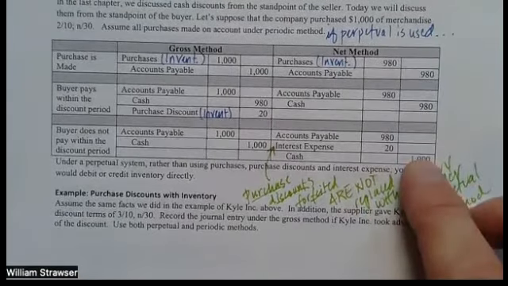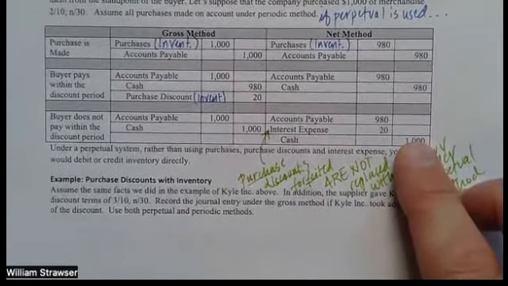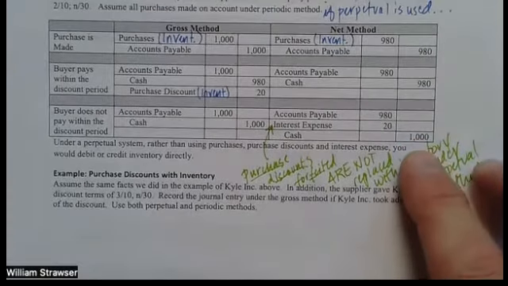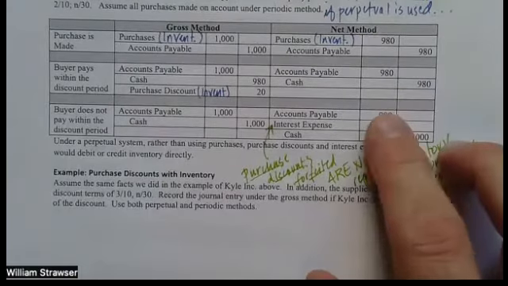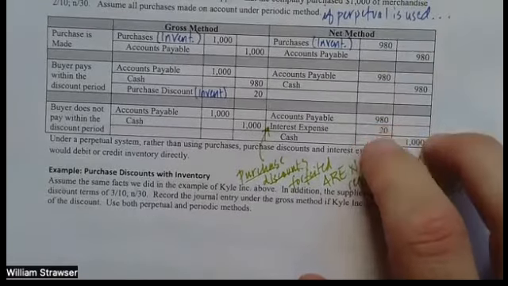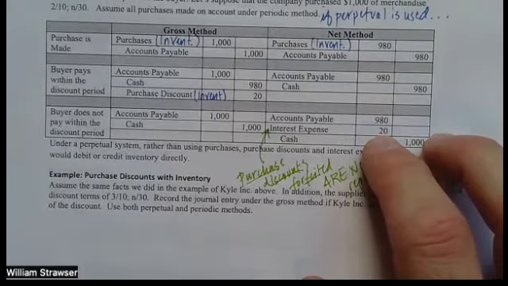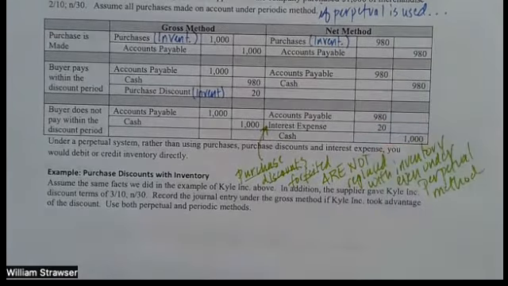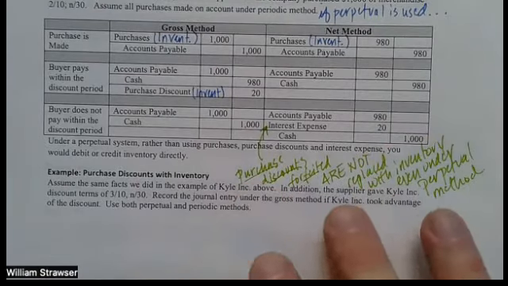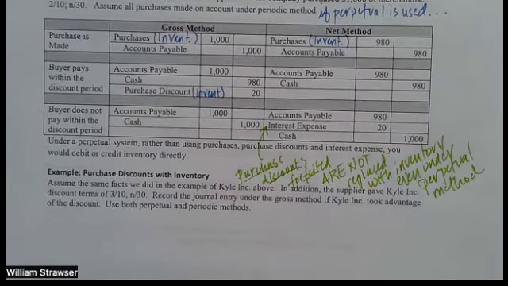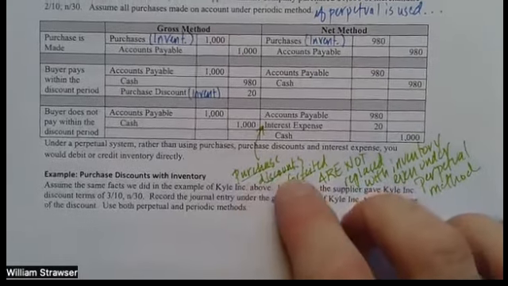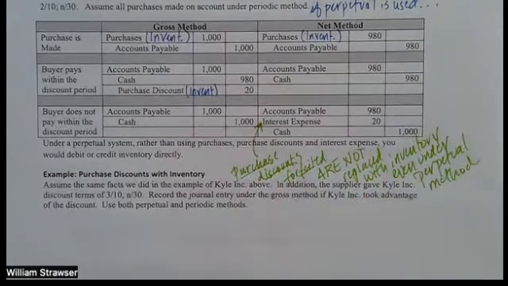I'm paying extra. And remember, a crude definition of interest is any amount paid over the amount borrowed. So basically, I'm charging myself some interest for not paying in a timely manner. It might just help to say purchase discounts forfeited. I think McGraw-Hill likes this term better, but in practice, both are used pretty interchangeably.